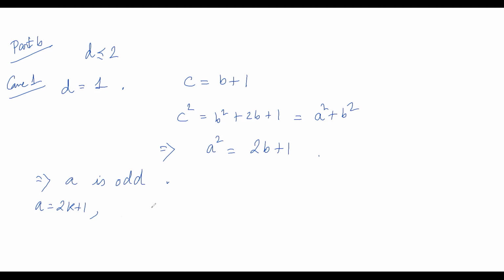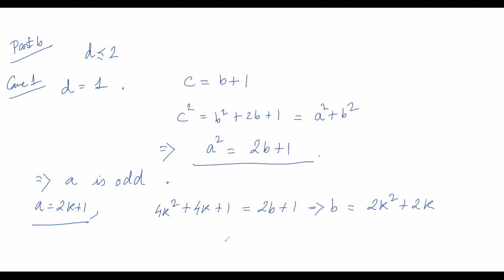And now let's square a. So we have this relation a squared is equal to 2b plus 1. So let's square a. We get 4k squared plus 4k plus 1 equals 2b plus 1. And from there it implies that b is equal to 2k squared plus 2k.